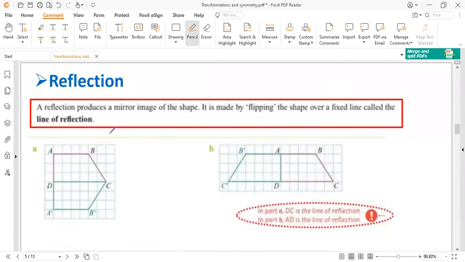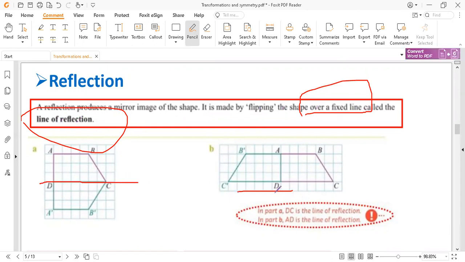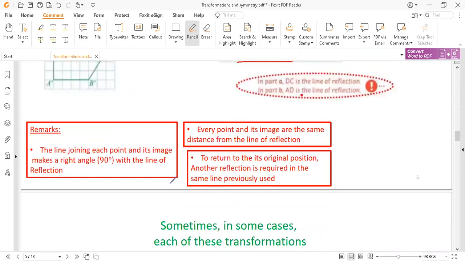About the reflection, we need to flip the shape about a fixed line. This fixed line is called the line of reflection. The line of reflection could be one of the sides of our shape, or it can be any line in the plane.